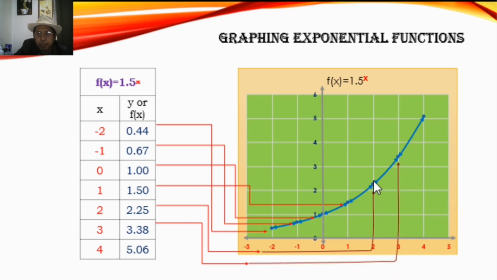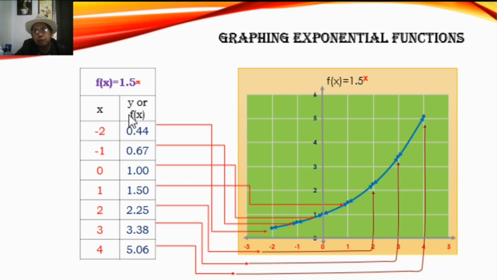And if I have 3, so I have here the x which is 3, the value of my y would be 3.38. And so if I have 4, my y would be, that is the same as 5.06.